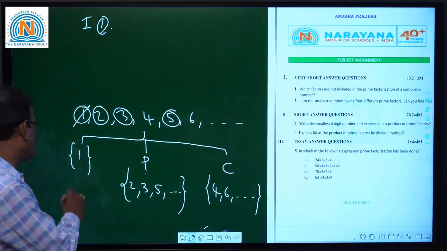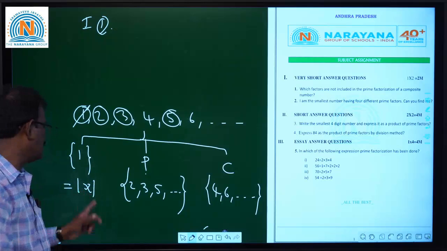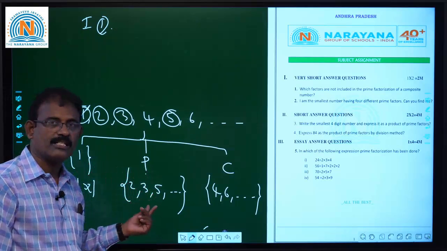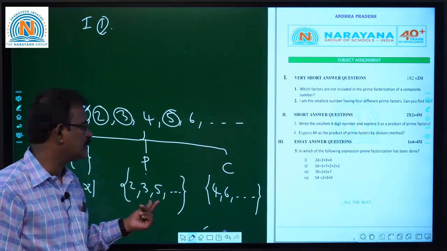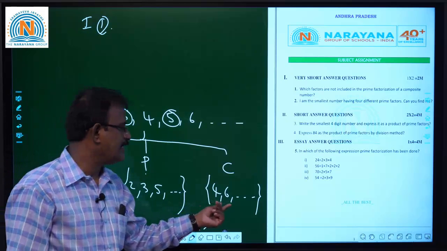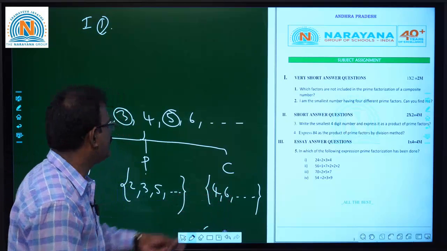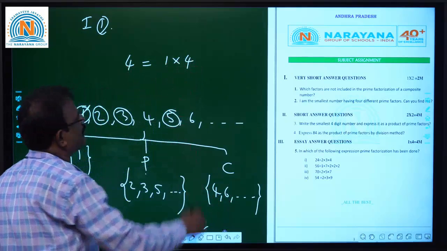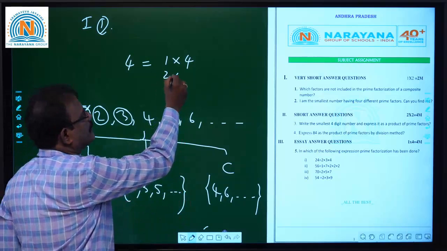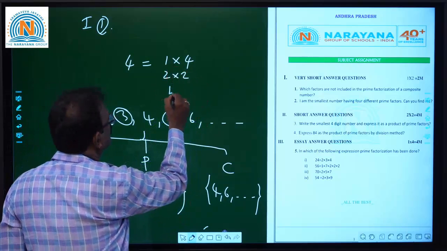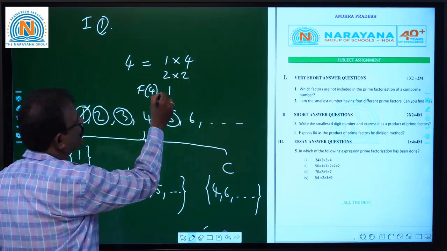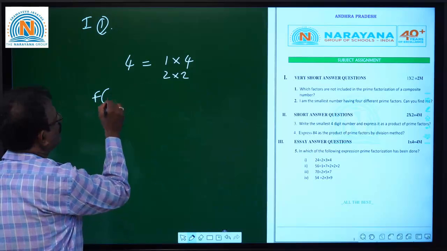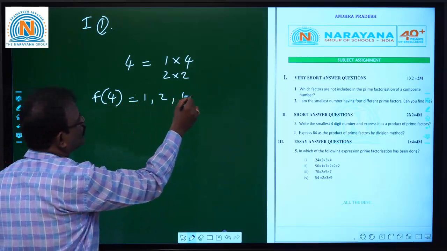Now 1 is neither prime nor composite, and every prime number can be expressed as the product of 2 distinct factors, that is 1 and itself. And these are composite numbers. The factors of the composite number 4 are 1, 2, 4.